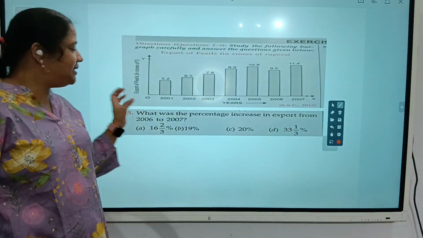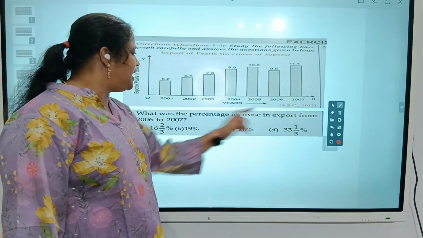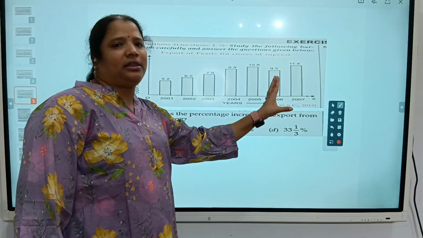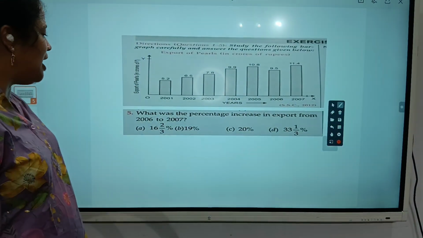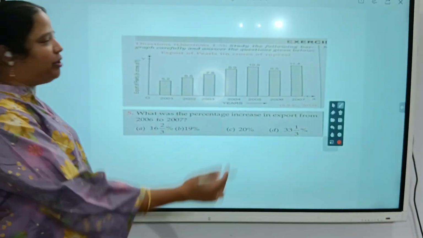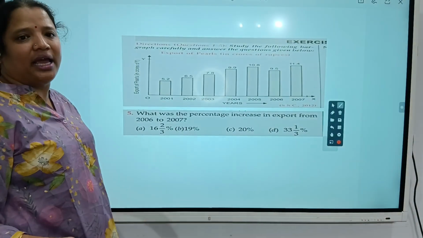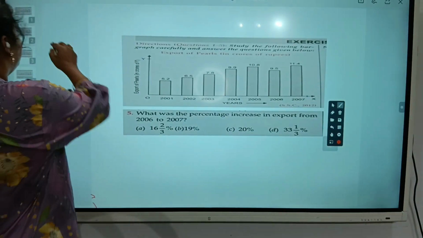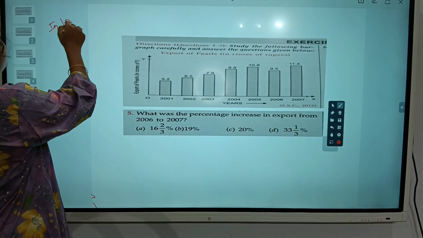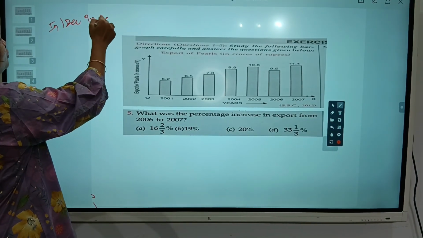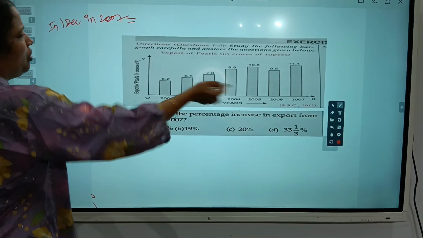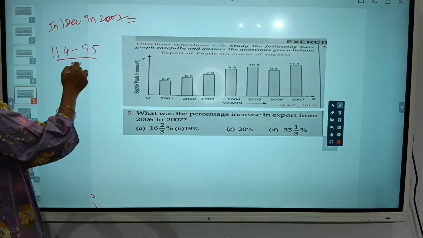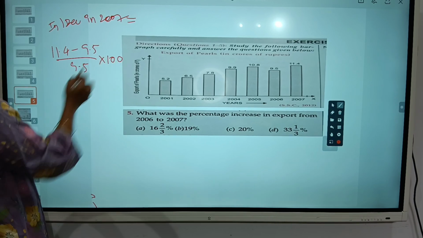The last question in this graph is, what was the percentage increase in export from 2006 to 7? Already we have done the increase or decrease formula. Now again we have to use the formula for only 2 years' values. The increase in the year 2007 is equal to higher value minus lower value by lower value into 100.